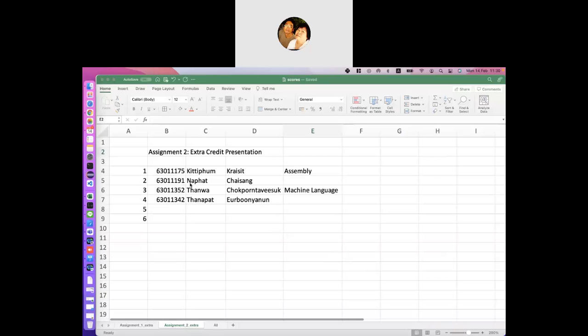How about this one? Let Kitty Poom and Napat present the first question, the assembly language solution for assignment 2.